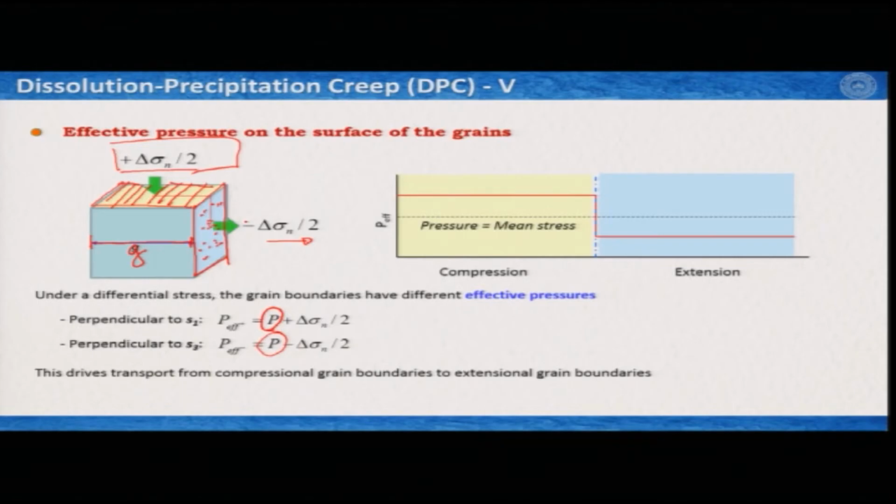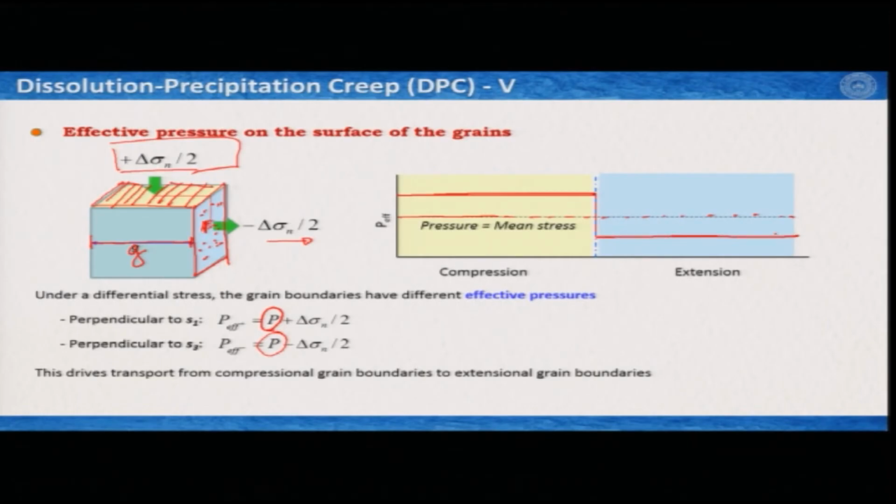And if we have to find a mean stress in this illustration, then clearly at this surface we have a stress level somewhere here, and on this tensile surface, we have a stress level somewhere here.